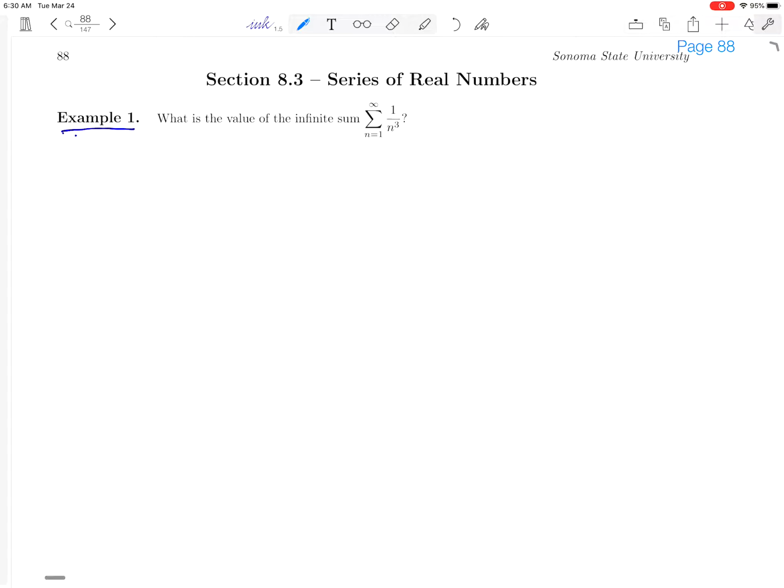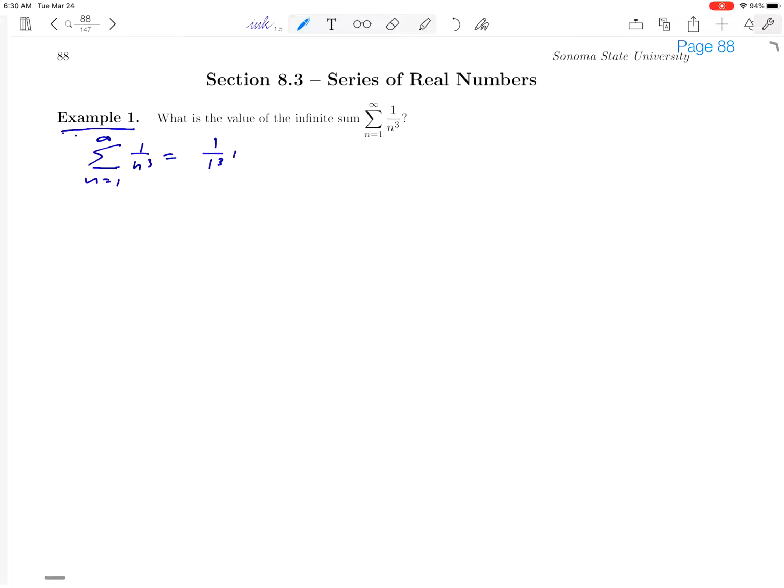Okay, it asks us, what is the value of the infinite sum from 1 to infinity of 1 over n cubed? Let's first remind ourselves of what that notation means. So we're basically starting from n equals 1, and we're counting up by whole numbers.